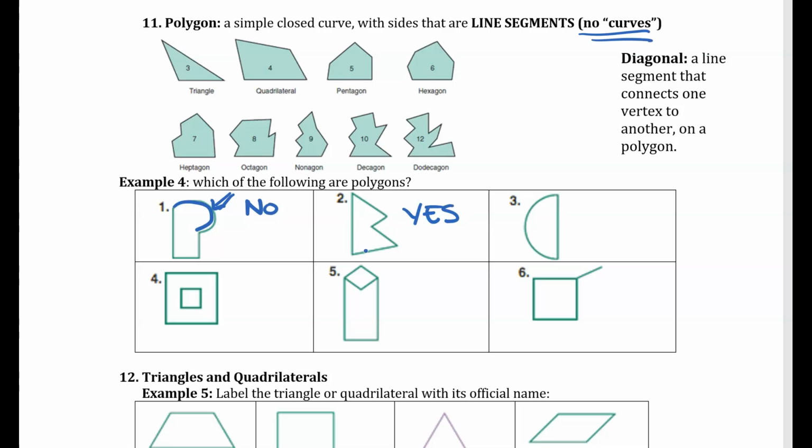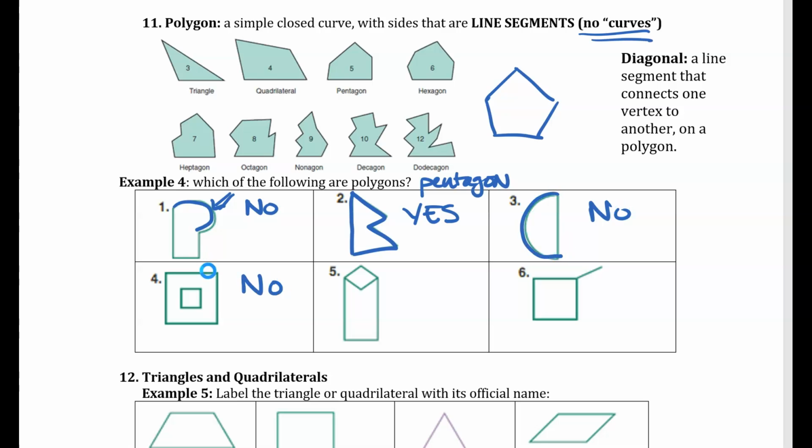Now, just because it doesn't look like a cookie cutter polygon, it is one. So in this case, there's 1, 2, 3, 4, 5 sides. This is actually a pentagon. So it's not a regular pentagon. So it's not your typical pentagon that looks kind of like a house. But it is a pentagon. It's a 5-sided polygon. 3, I'm going to say no because there's a curve.